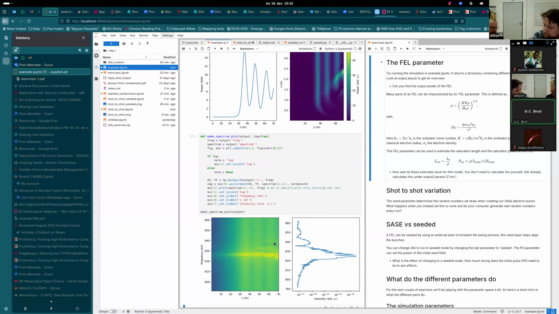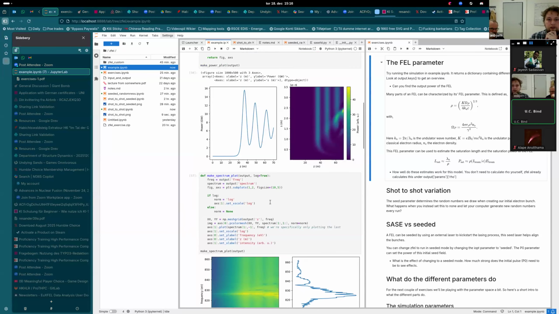That of course deteriorates both the spectrum and the time structure of the pulses. So that's why you want to stay ideally on this very first peak after the first build up and stop it there.